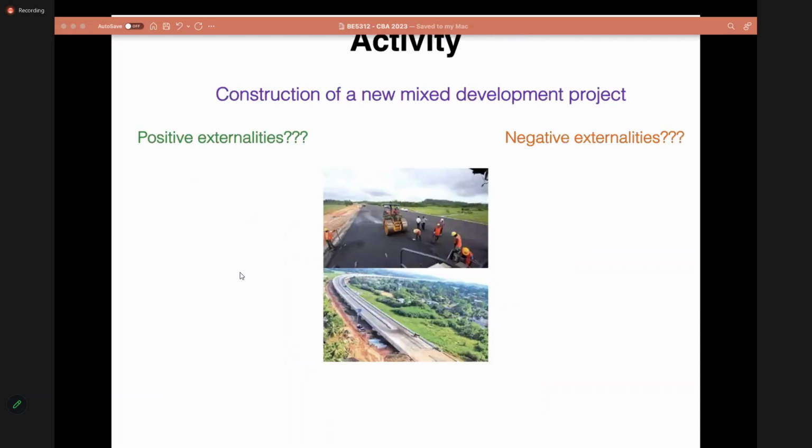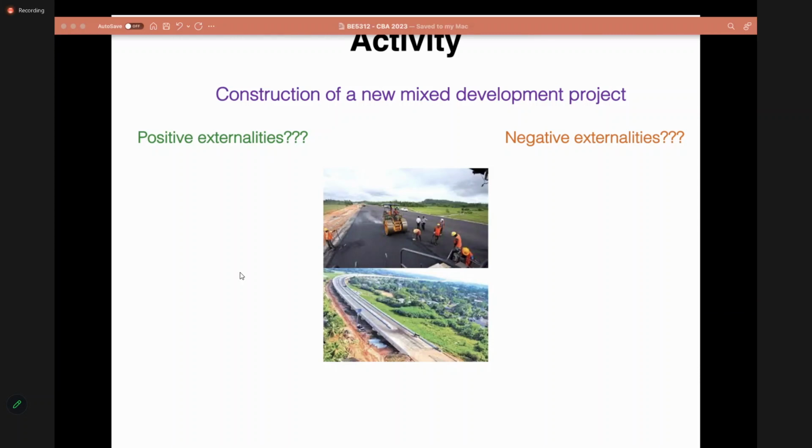So imagine there's a new mixed development project being constructed somewhere. Imagine something like the Port City project. What can be some of the positive and negative externalities associated with this type of construction project?